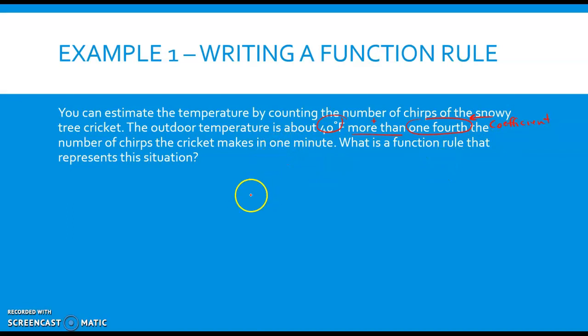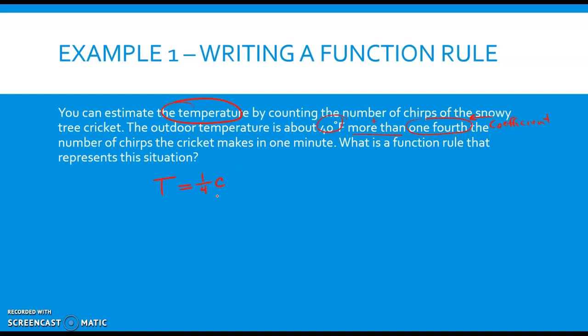So we can use x, y, any variable that we want. So we're wanting to estimate the temperature, right? So I'm going to make what it equals capital T for temperature. So temperature equals, I'm going to put our variable first. So 1/4 our number of chirps.